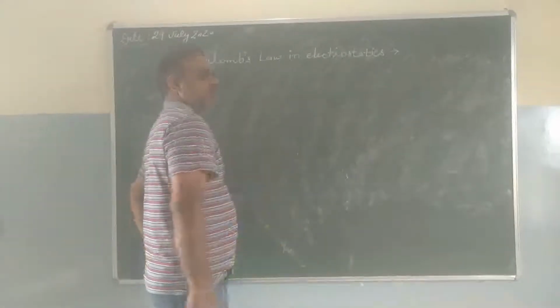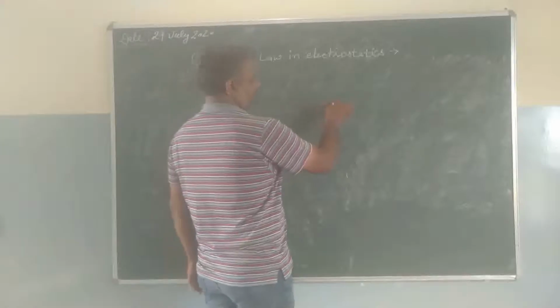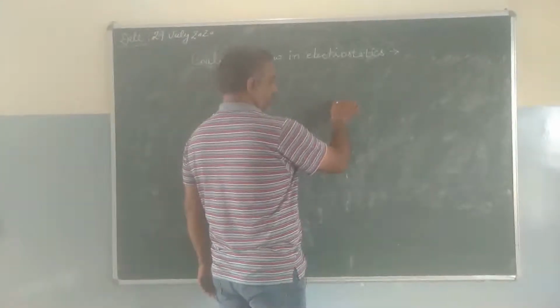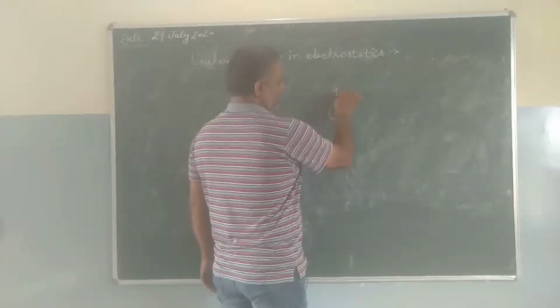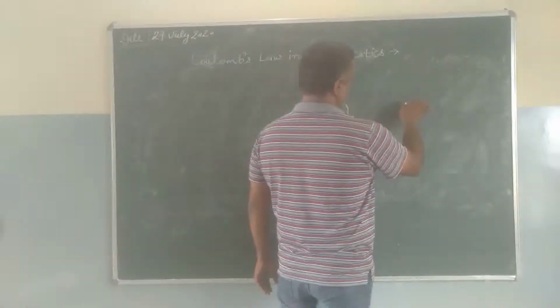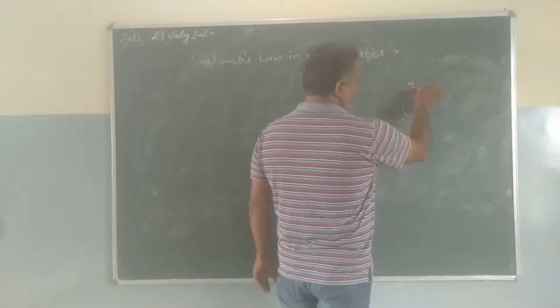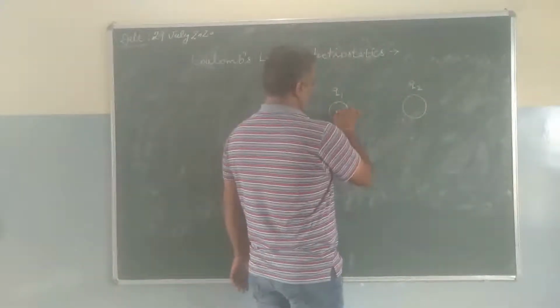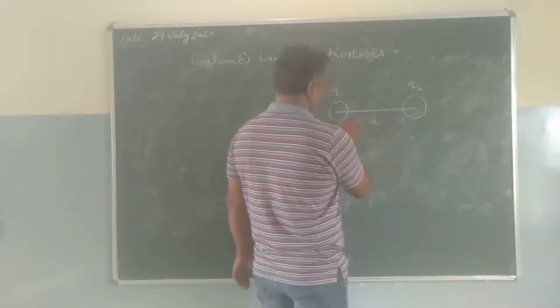According to Coulomb, if we are having two point charges, Q1 and Q2, separated by distance r, this is distance r.